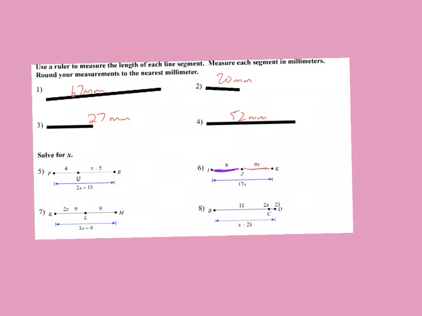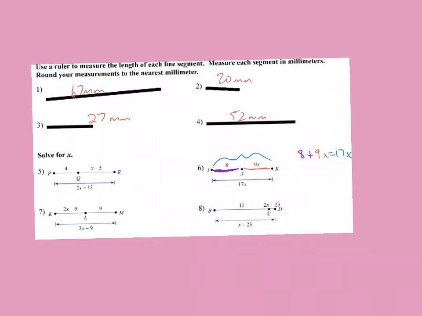Together, it's going to give me the entire piece, which is blue. So I have 8 plus 9x equals 17x. So that's the geometry. The segment addition postulate says that you can take the 2 pieces together and they give you the whole piece.